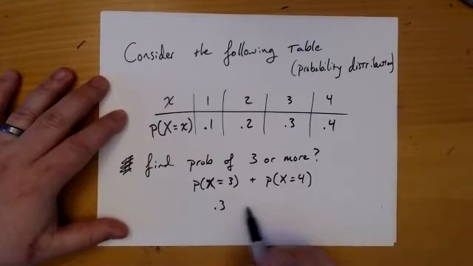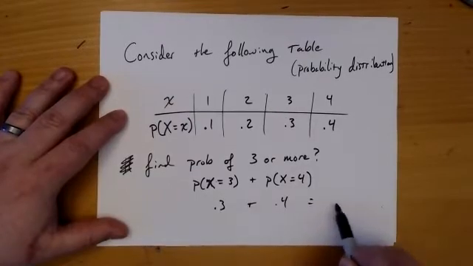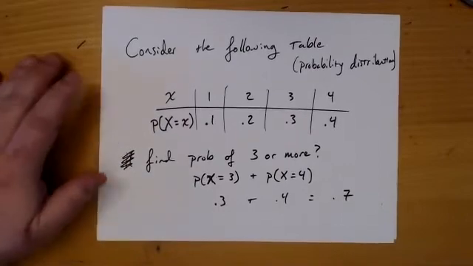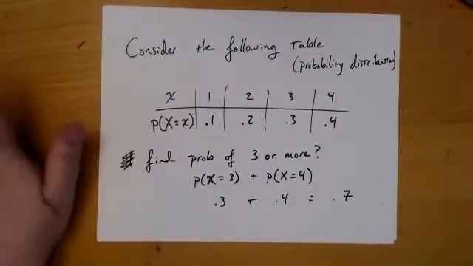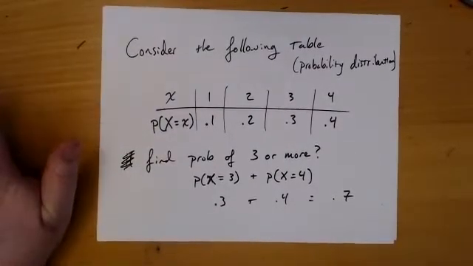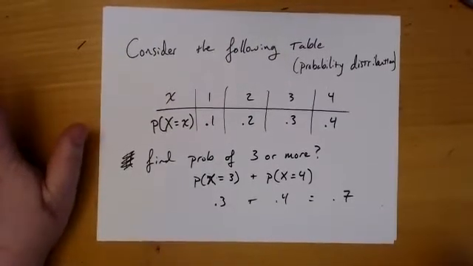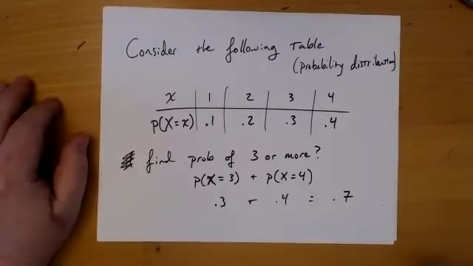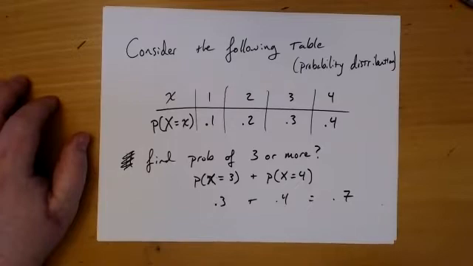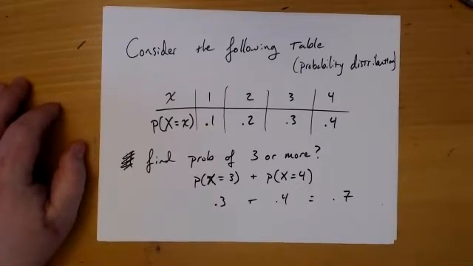So 0.3 plus 0.4, total of 0.7. So the language is important here because you want to make sure that you say less than or equal to, less than, greater than or equal to.